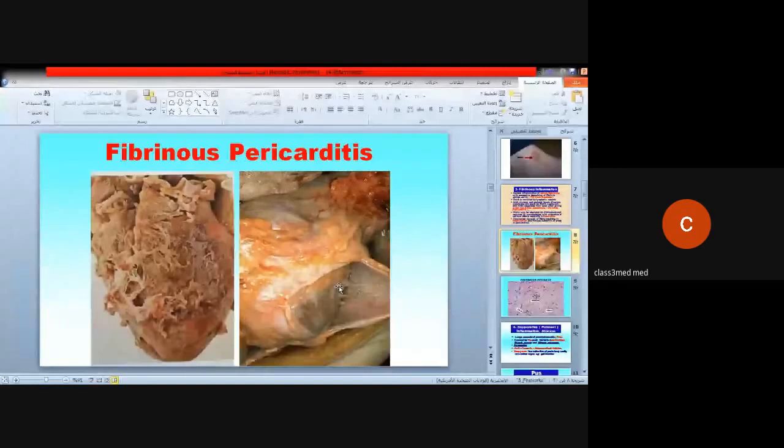Understand the organization. It occurs when there is excessive deposition of fibrin, with incomplete removal by macrophages. Okay.